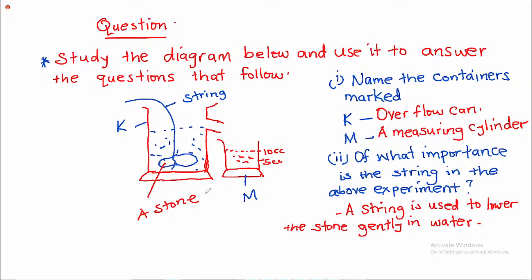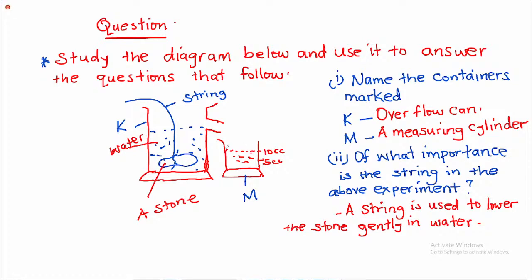In the diagram that is a stone. When they ask you what is the volume of the stone, the volume of a stone is equal to the volume of water displaced. When you lower a stone in water, the stone will displace a volume of water equivalent to its volume.